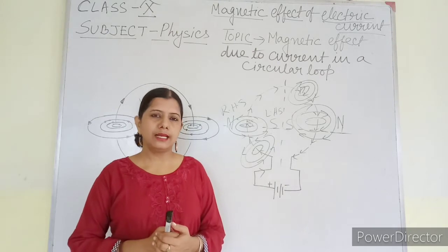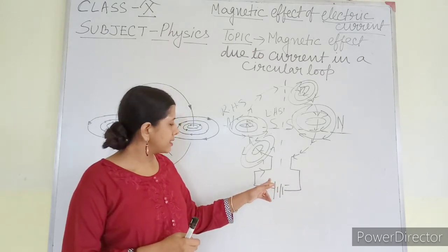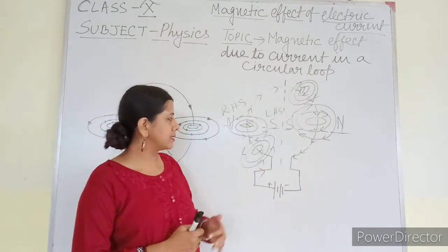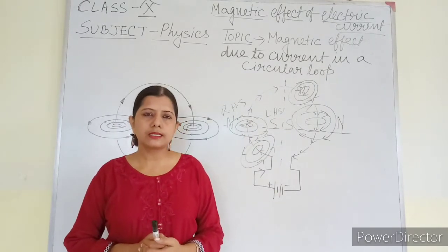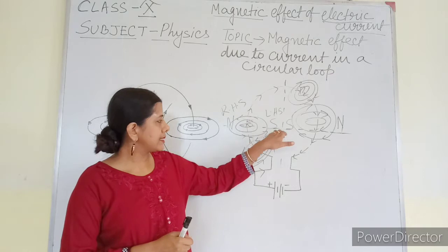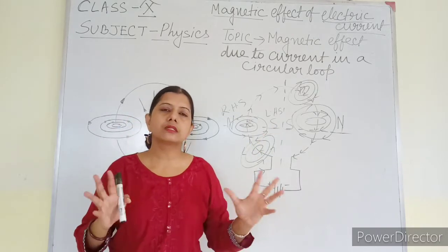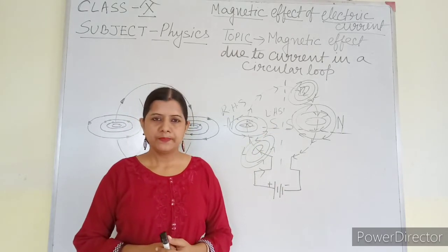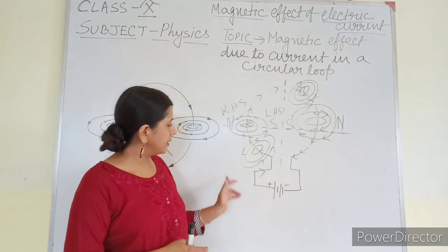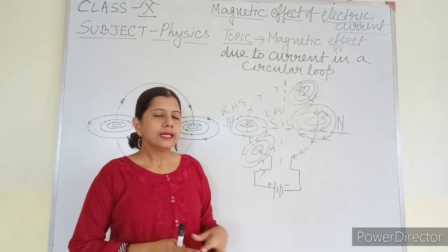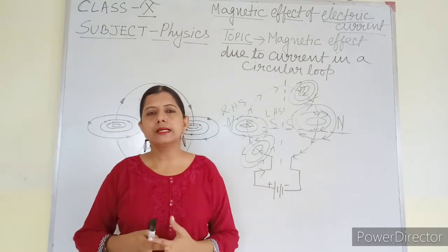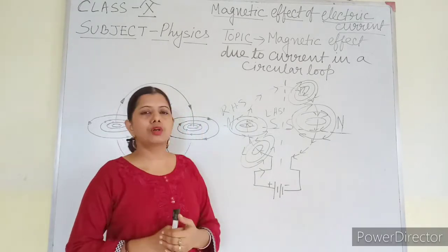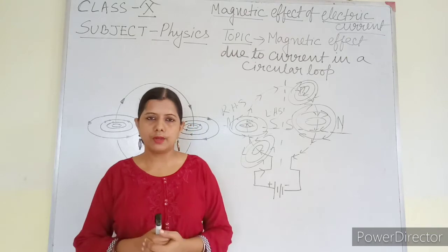In that magnet, if the current is flowing in the clockwise direction, then at the center of the circular loop, south pole is created, and at the side north pole can be understood.